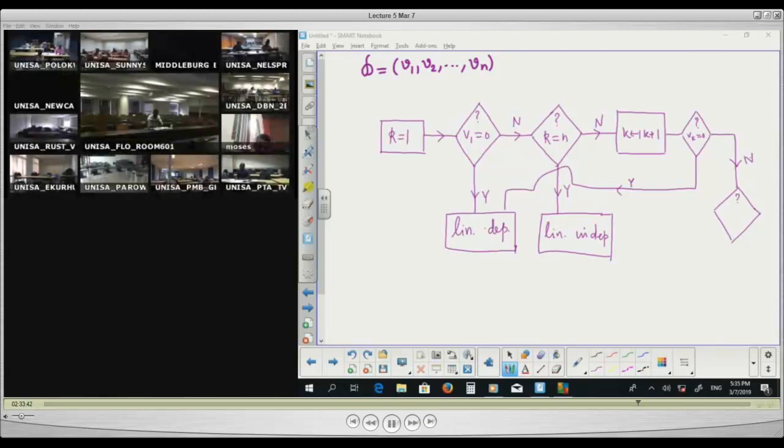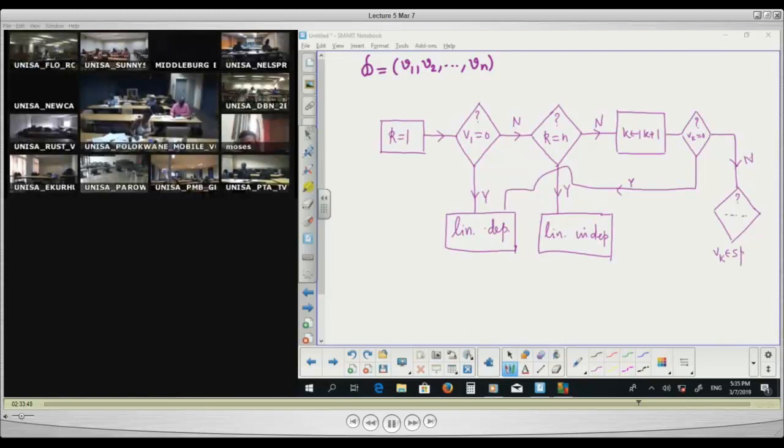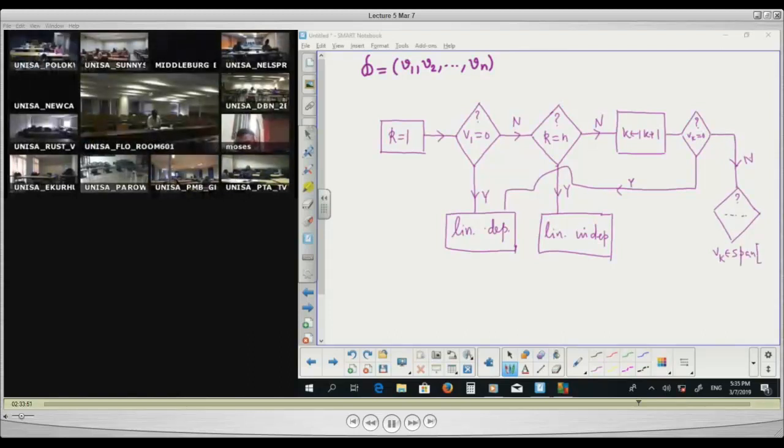Okay? If your answer is yes, you come back here. If your answer is no, you increase, but here. So if your answer is no, you increase if it is less than n, else you cancel.